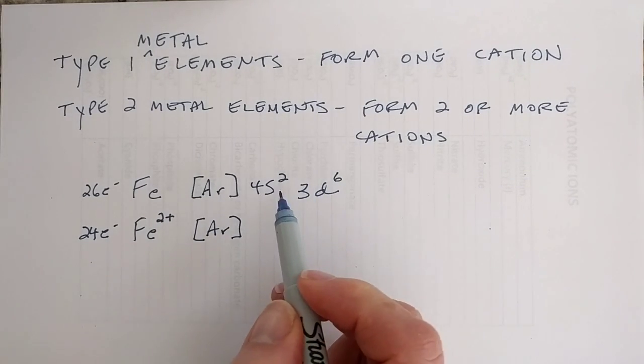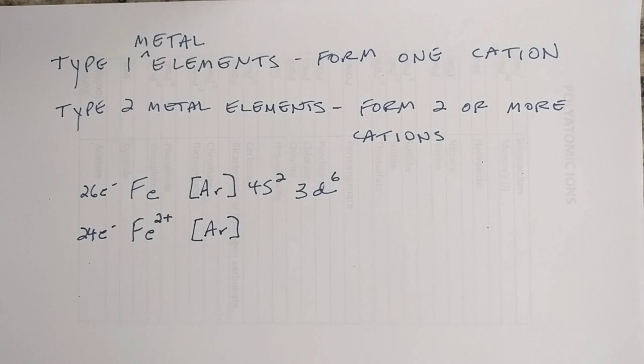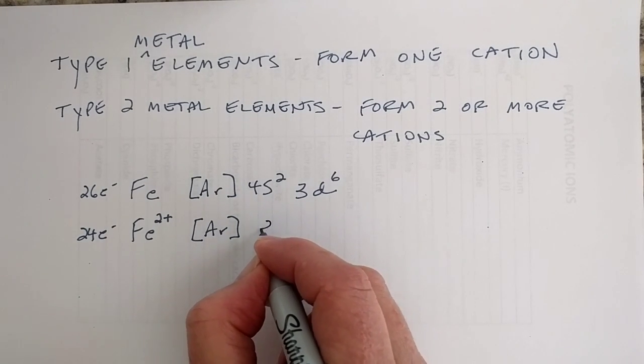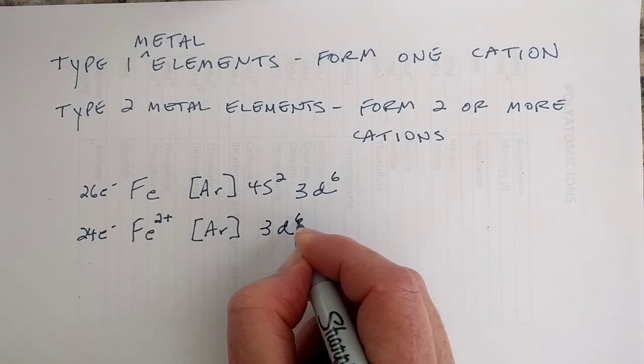Now, what electrons is iron going to lose? When we put them into the atom, the s goes in before the d. However, when electrons come out of the atom, the electrons furthest from the nucleus come off first. So these 4s2 electrons get lost, and we end up with argon 3d6.